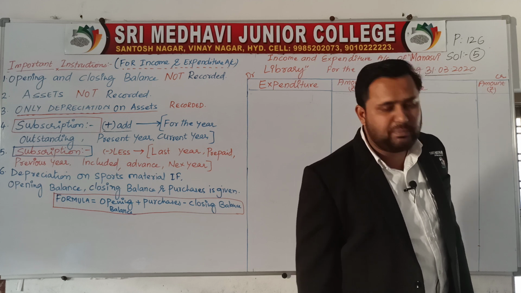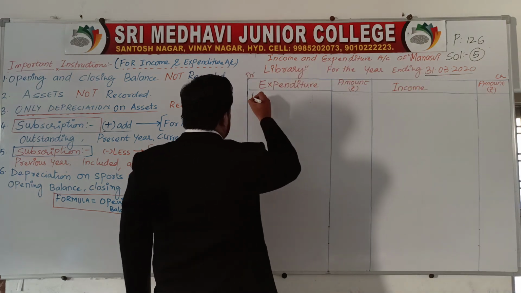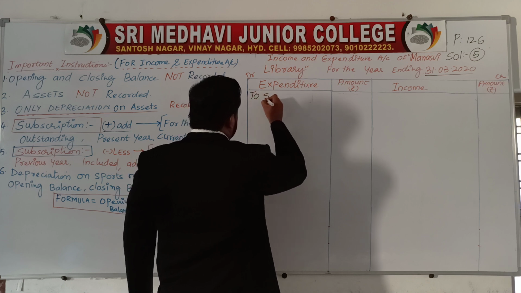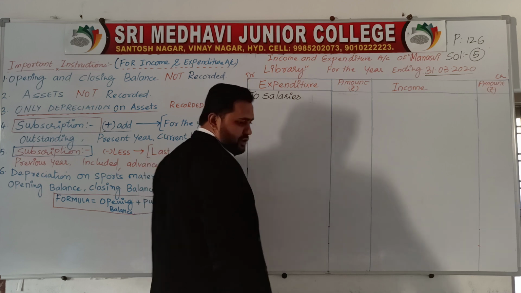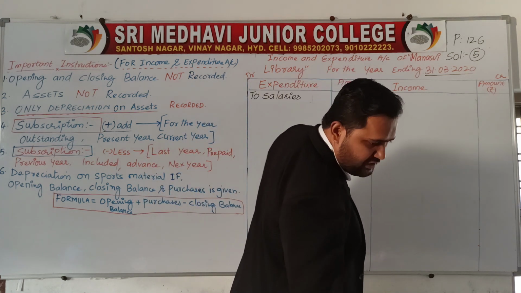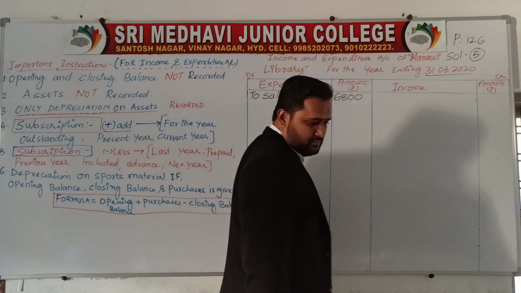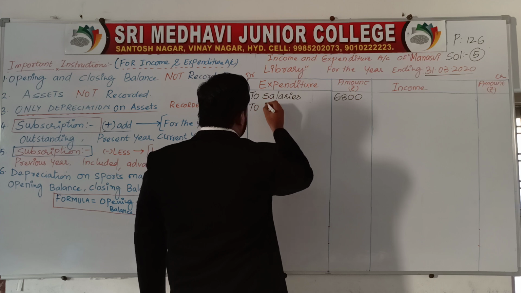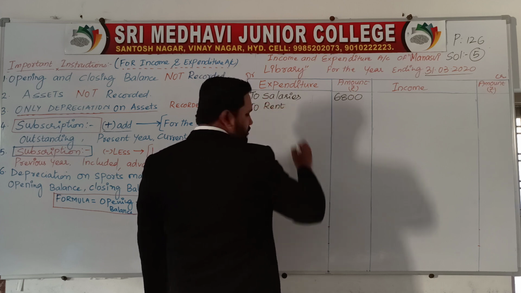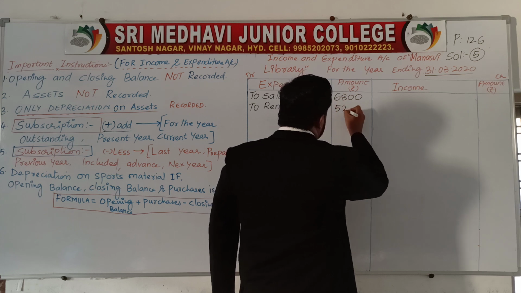So on the payment side, by salaries means you have to write here to salaries. How much amount? 6,800. By rent, you have to write here to rent 5,250.